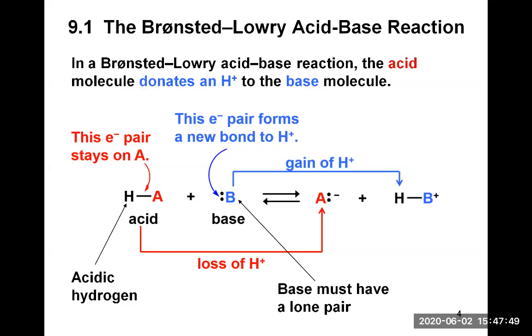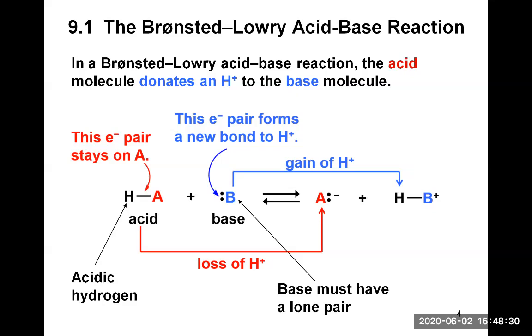Now let's focus on the base, what's in blue here. The base is a proton acceptor, which means it has a lone pair. The base must have a lone pair to accept the proton. That lone pair will be used to form a bond with the proton. The H+ will grab on to that lone pair and form a bond with B. If you see on the right now, it becomes H single bonded to B, and the H+ comes with a positive charge.